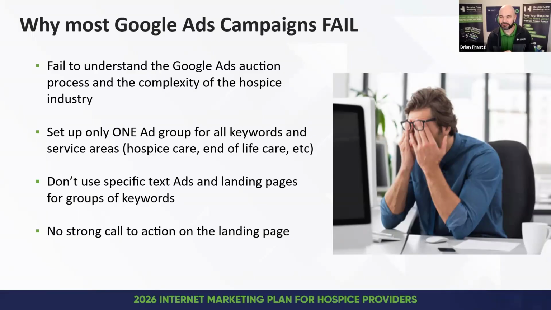Definitely want to think about the AdWords auction or the ads auction process, right? A lot of times people will just set up a campaign with one ad group, target all their service areas and all the different keywords, maybe to the homepage of your website.